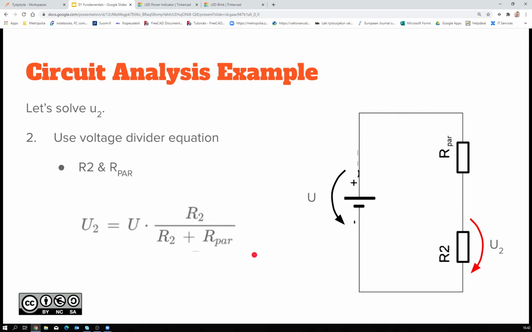Okay. So this way you can start analyzing circuits which have resistors in series or parallel.